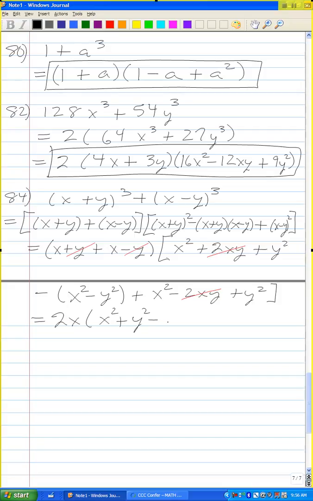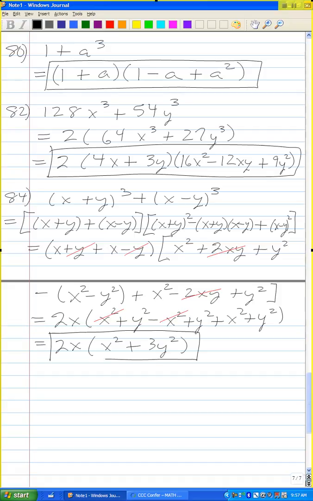So this becomes minus x squared plus y squared plus x squared plus y squared. One of the x squareds cancel, and so you get 2x times, I have 1 x squared, I have 1, 2, 3 y squareds, and I am done factoring.